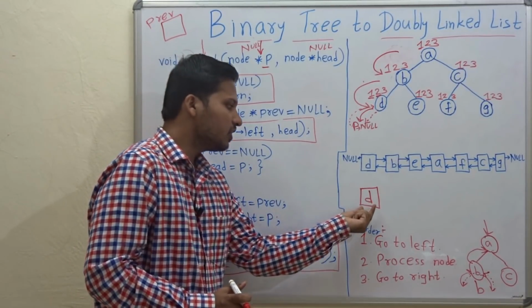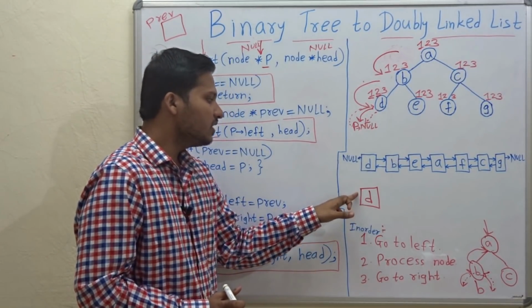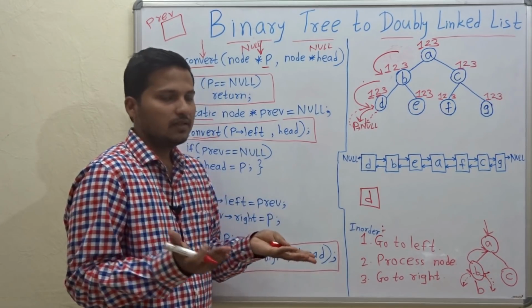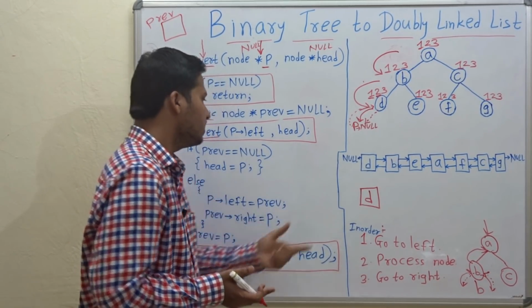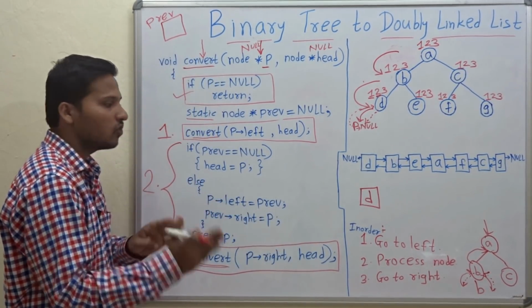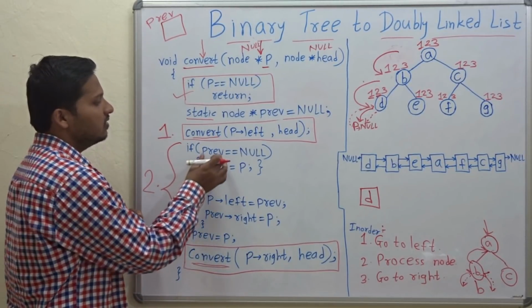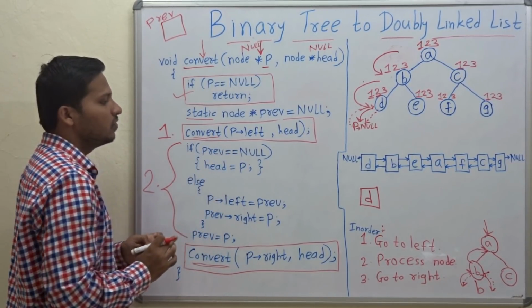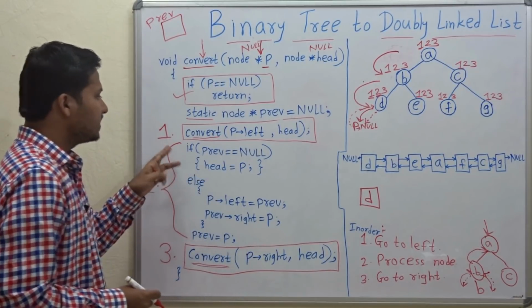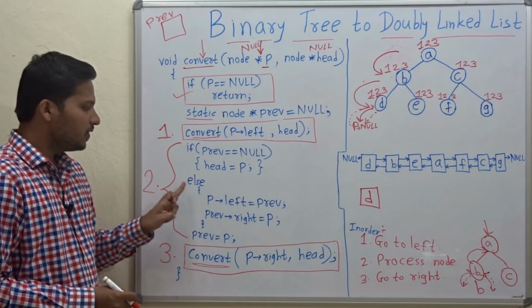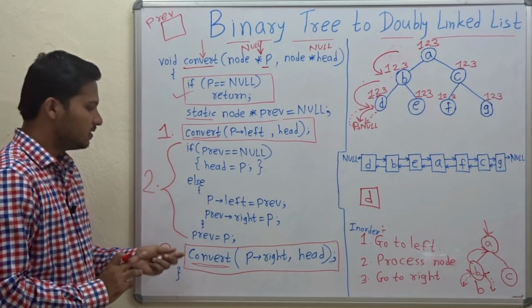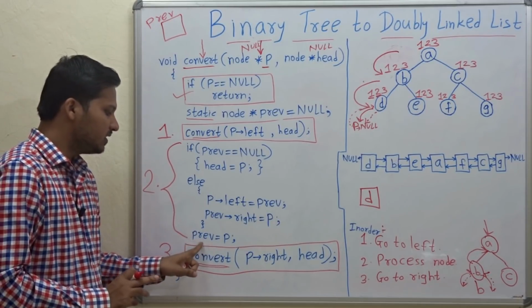Obviously, if it is the first node, then the previous node will be null. So that is our condition to check whether it is a head or not, by checking whether previous equal to null or not. Now as the if condition is satisfied, we will not go into else, so we will directly go to this line.